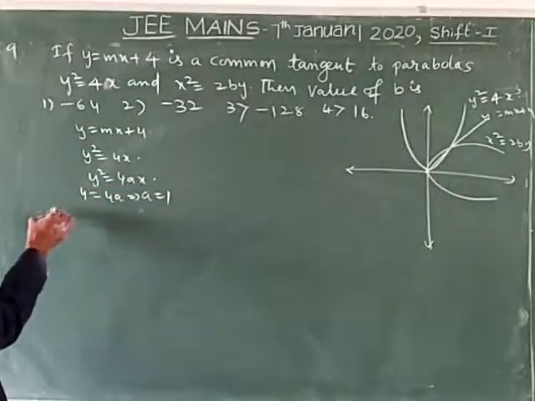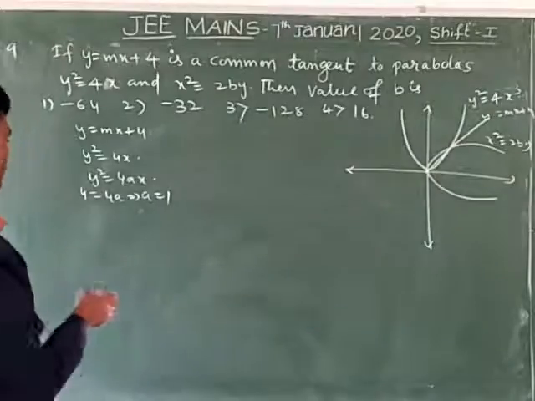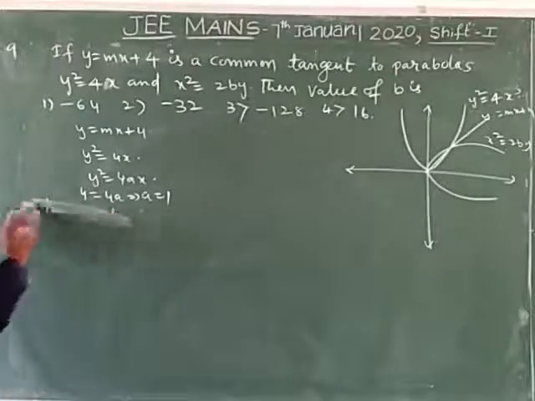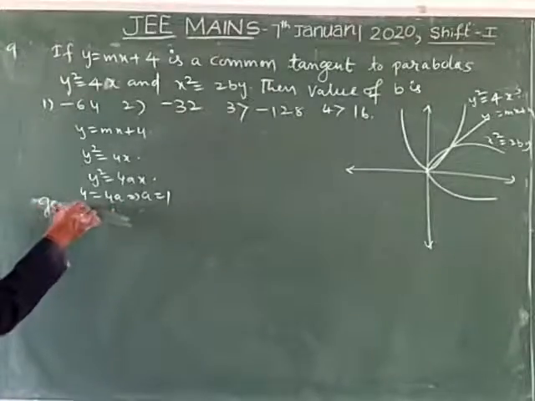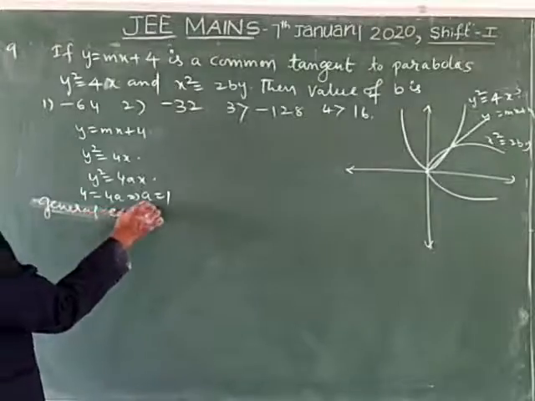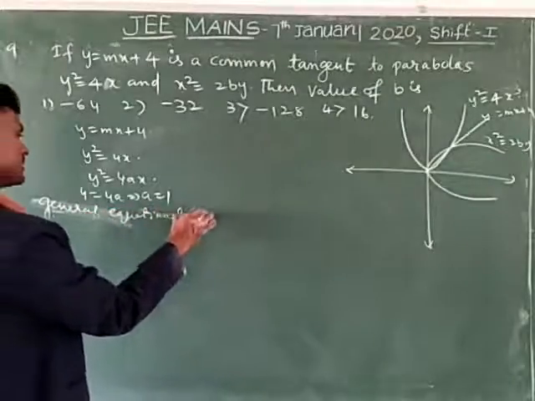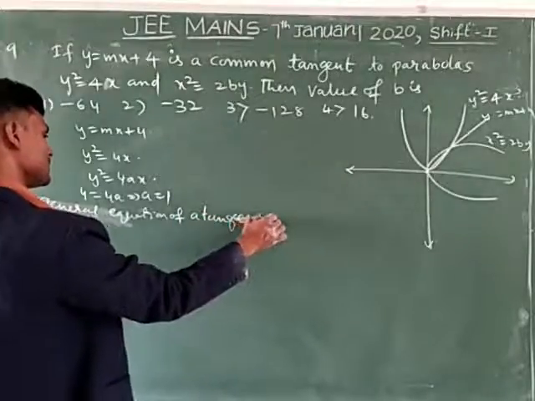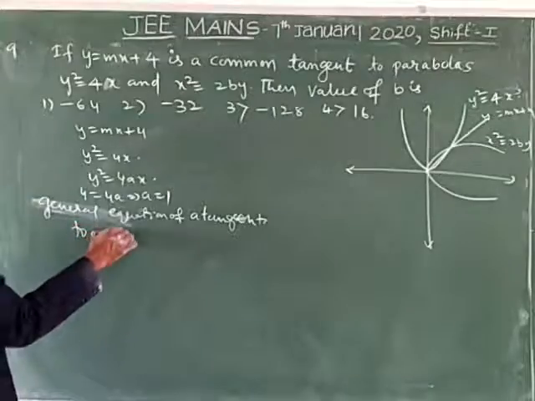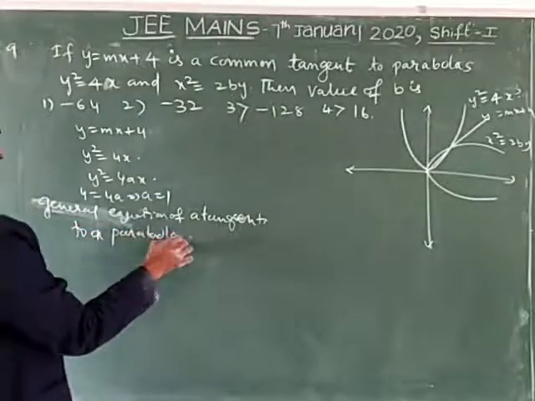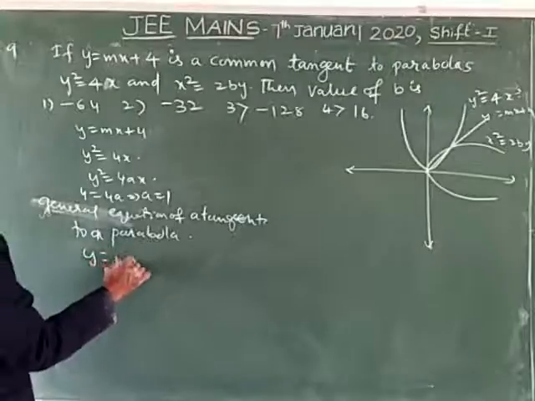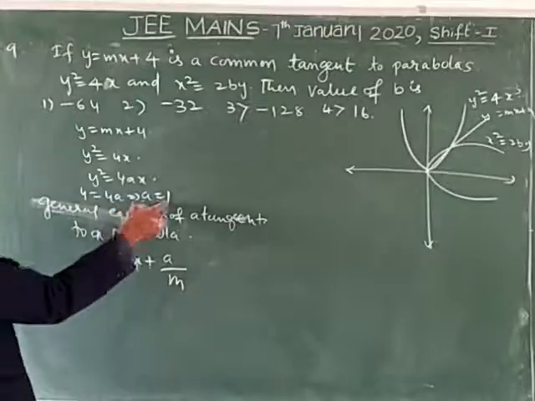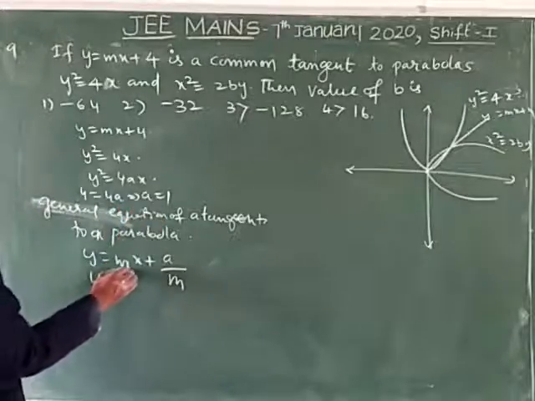Generally the general equation of a tangent to a parabola is y is equal to mx plus a by m. a is equal to 1, we know that. y is equal to 4, m is equal to how much?